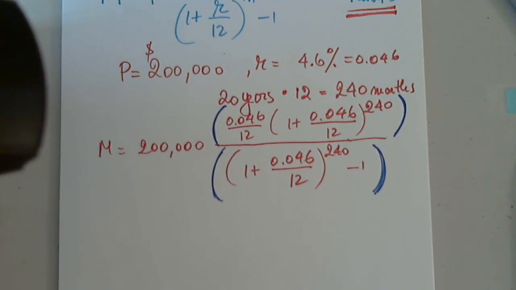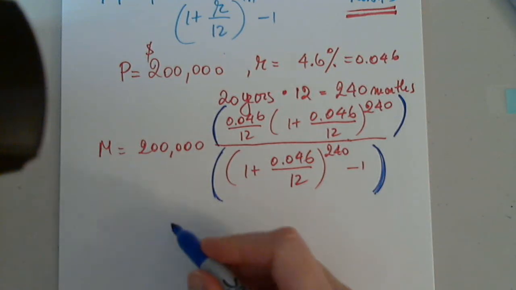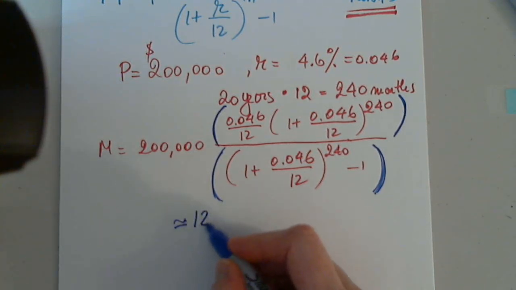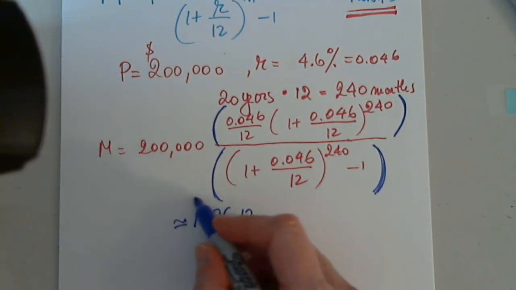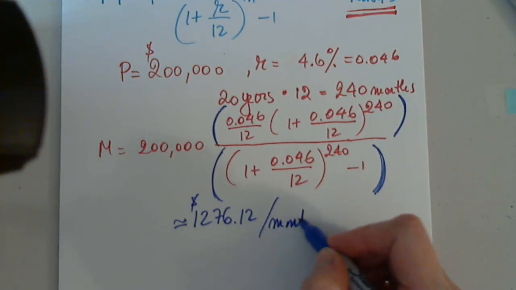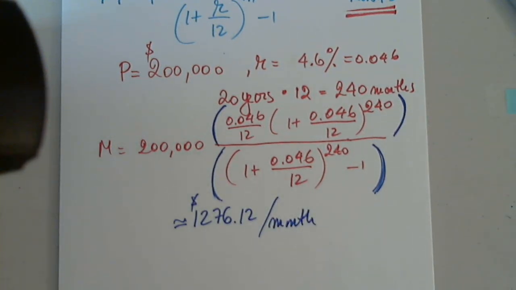So this will be the amount we pay per month for the next 20 years. 1,276.12. Let me write it for you. So it's approximately 1,276.12 per month for the next 20 years.